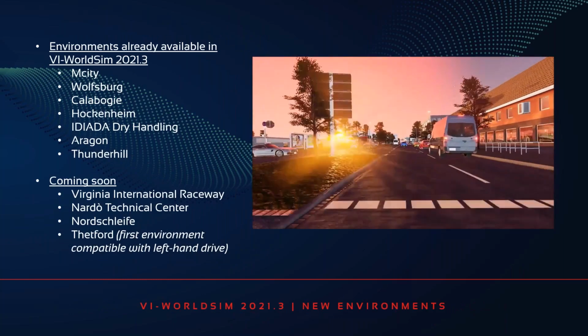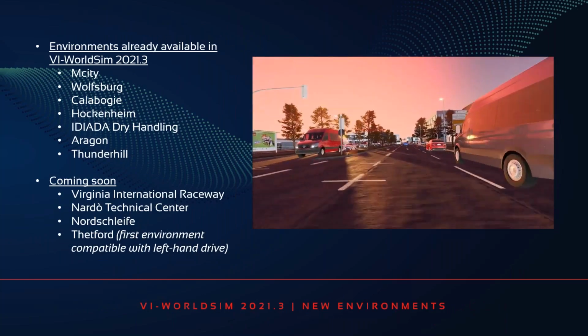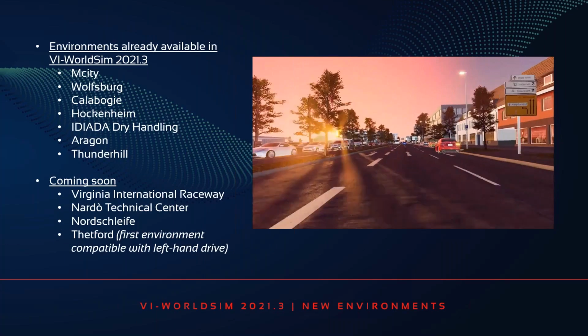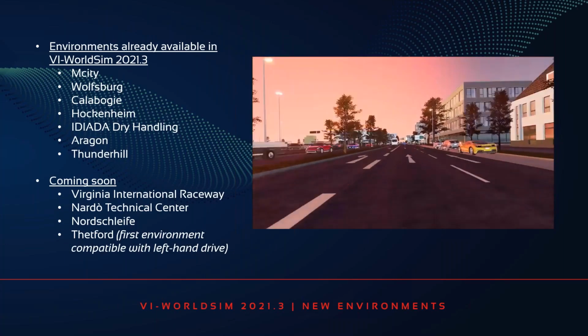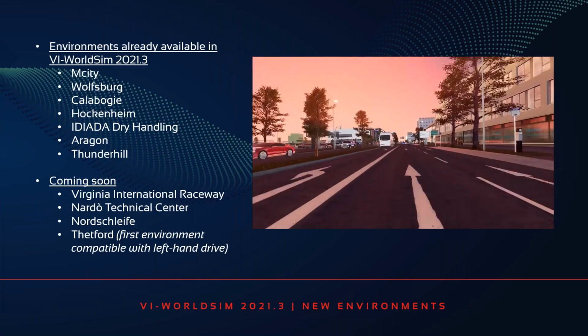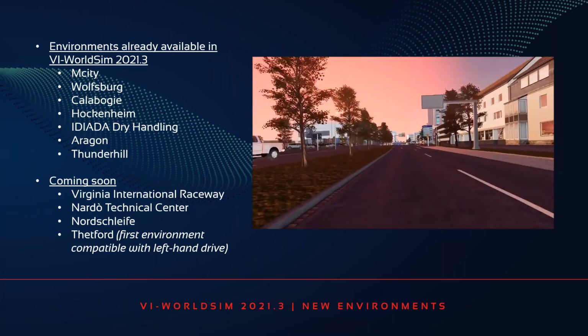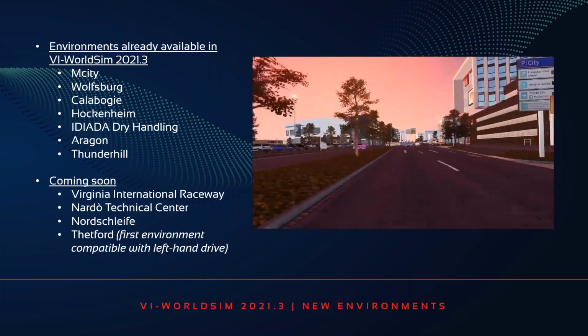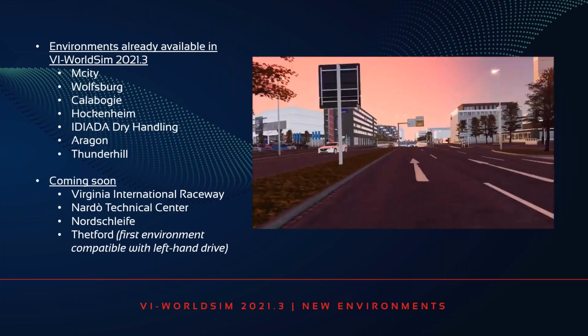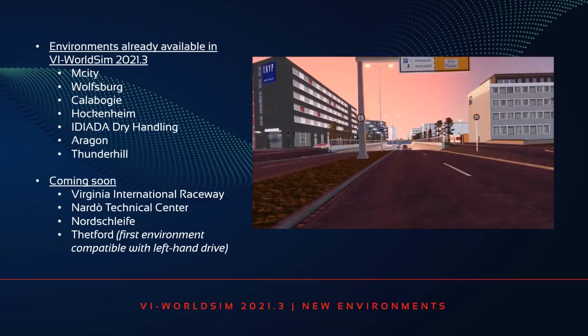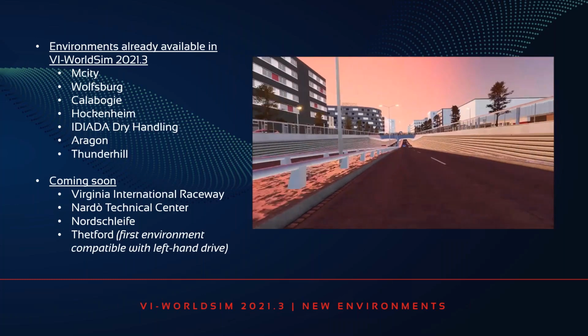And of course, VI-Grade is continuing to invest in increasing the number of tracks and road network environments available in the WorldSim environment. In addition to the M-City environment, there's a Wolfsburg network, which is what's animating on the right. We've added Calabogie, Hockenheim, Idiota Dry Handling, Aragon, and Thunderhill.